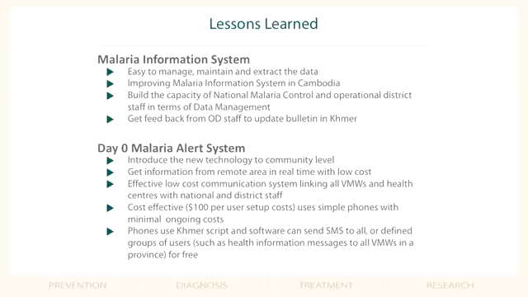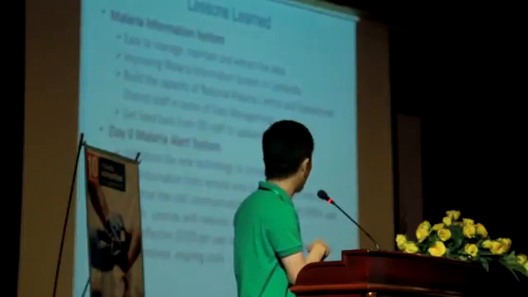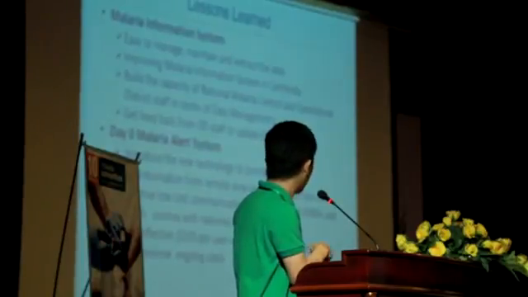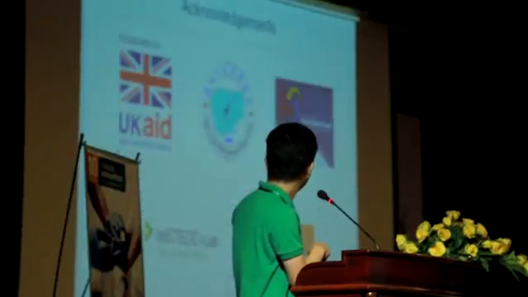And for the OD, we introduce new technology to the community level and get information from remote areas in real time at low cost. It is an effective, low cost communication system linking all VMWs and health centers with national and district staff. It is cost effective: during that time we spent only $100 per user setup cost. And we also use Khmer script and software that can send SMS to all defined groups.